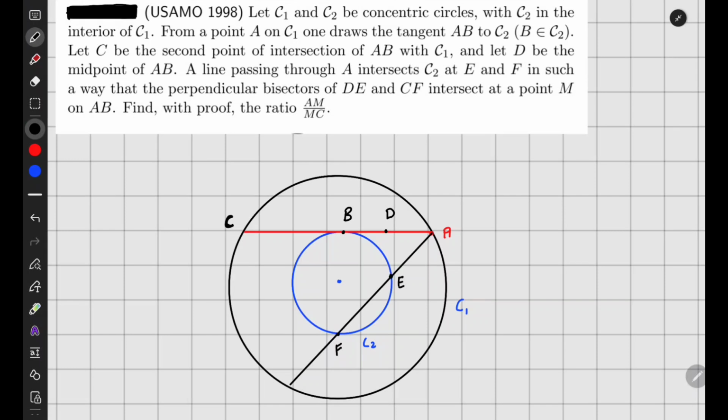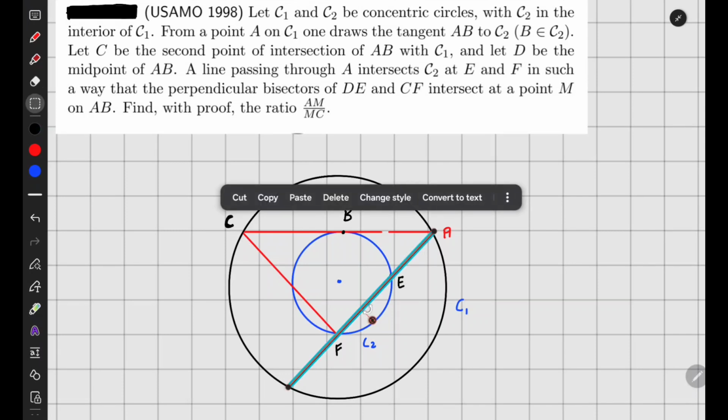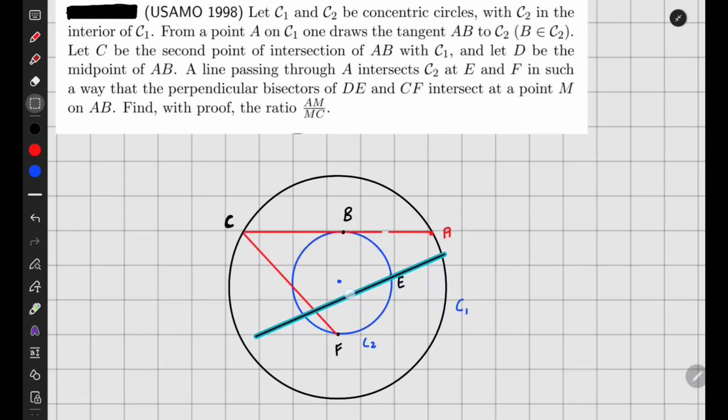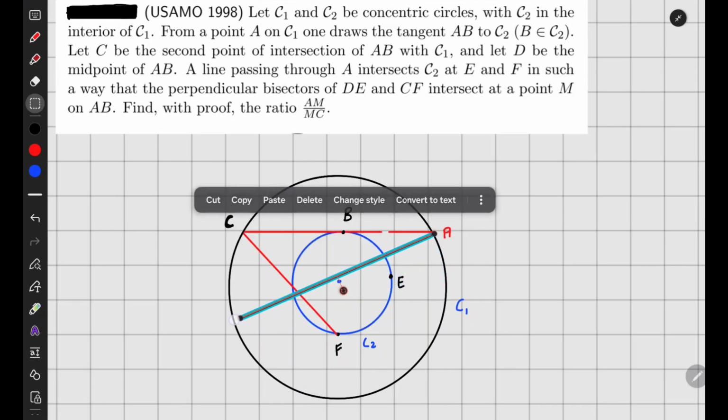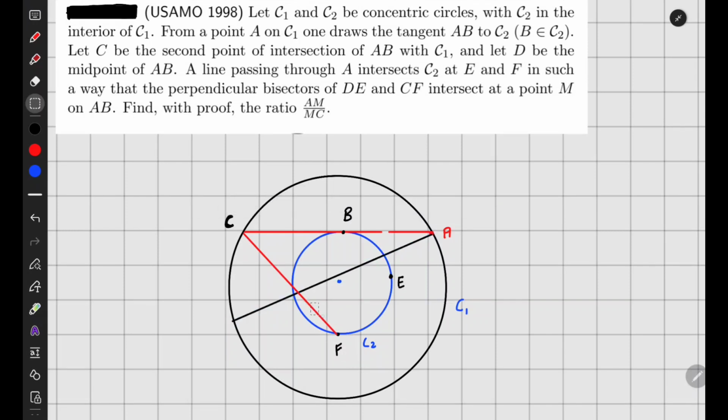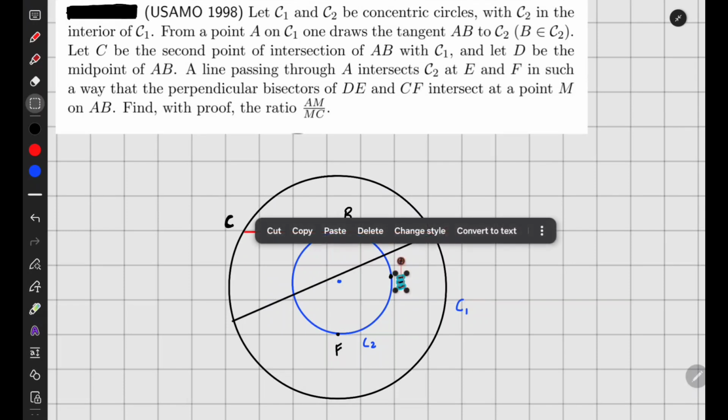It intersects C2 in such a way that the perpendicular bisectors of DE and CF can intersect each other, so they can be represented like this.